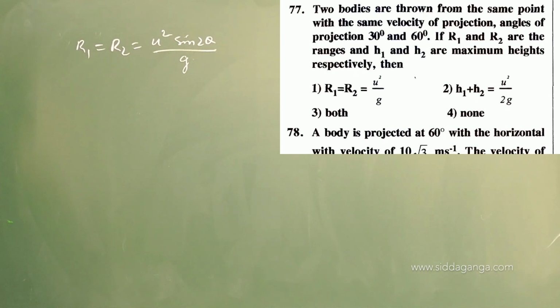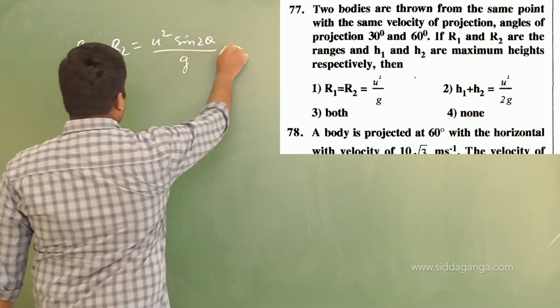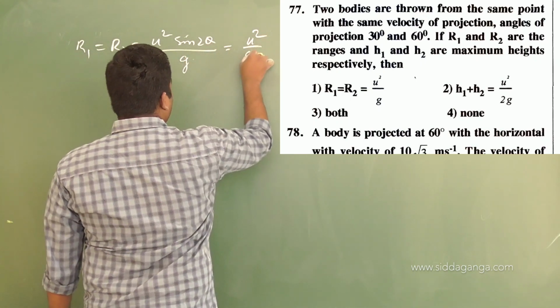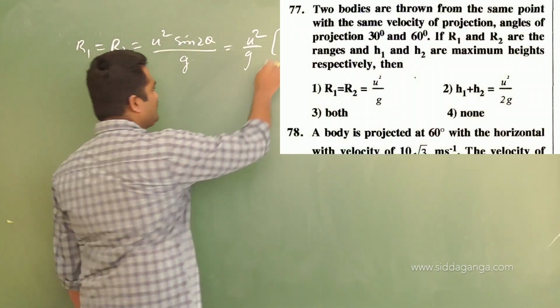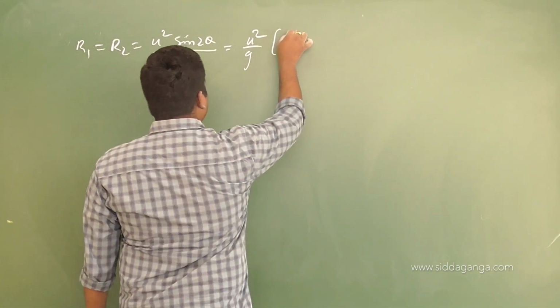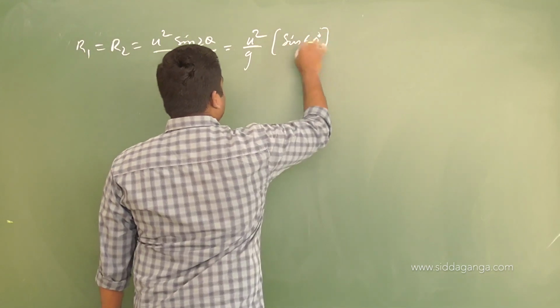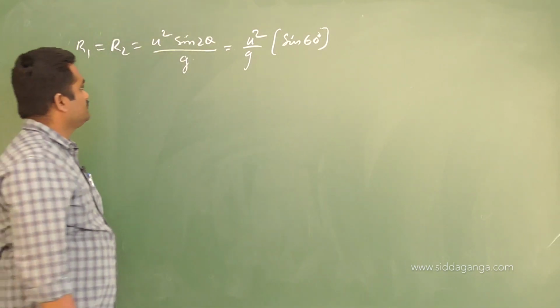R1 and R2 are equal, but let us find out how much the value is here. U square by G into sin 2 theta. One angle is 30, the other is 60, let me take it as 30 itself or 60, anything you take. This is sin 60, sin 60 is how much? Root 3 by 2, okay.